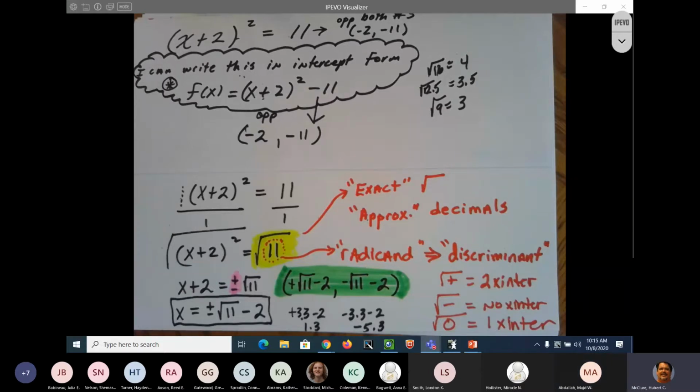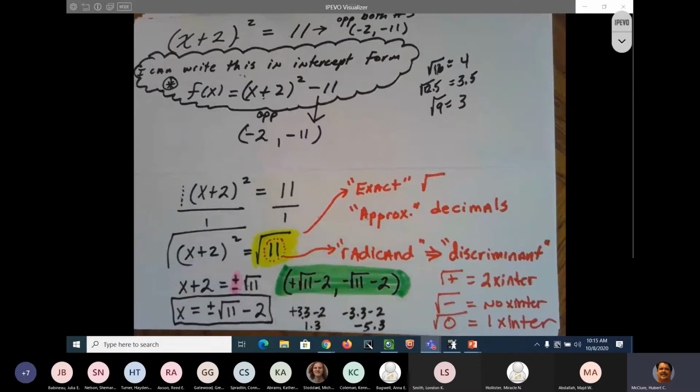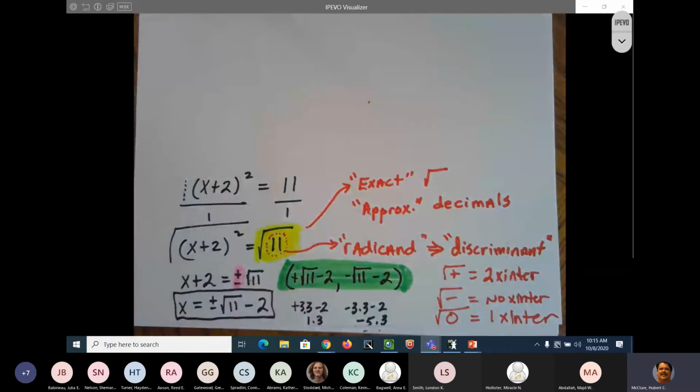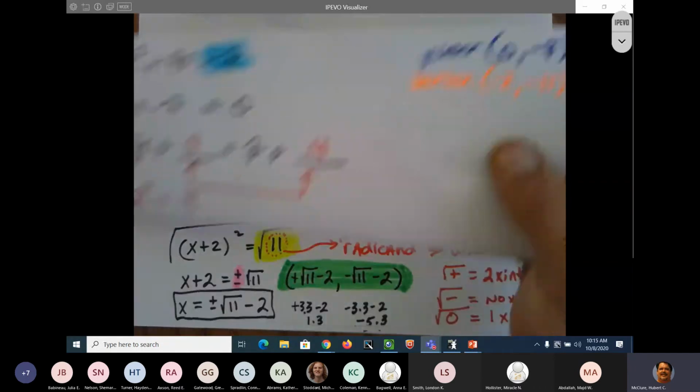3.32, 3.3. Do I care if you're sketching a graph whether you take it to the 10,000th or not? No. When you're sketching a graph, that's what you're doing. So I'm going to go back to my original here. Oops, where's my original? Oh, here.